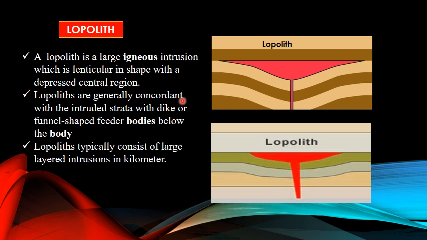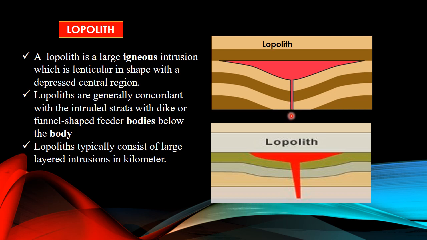Next is lopolith. Lopolith is also an example of concordant bodies. Lopolith is a large igneous intrusion which is lenticular in shape with a depressed central region, and they are generally concordant with the intruded strata, with a dike. This is the dike, and with the help of the dike it gives a funnel like shape to that particular rock formation.